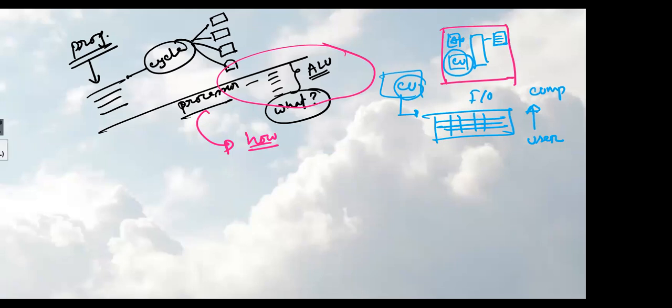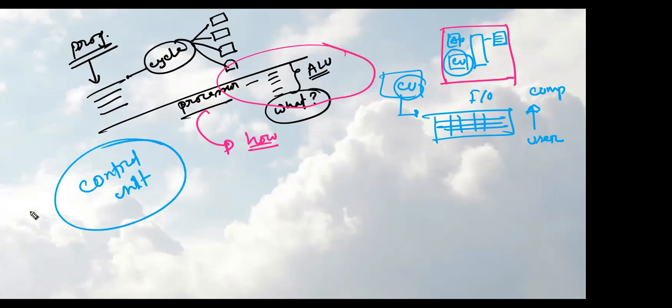So in this chapter we will learn about the control unit. Have we got the motivation? That's why we should know about the control unit itself, because it is a kind of supervisor, controller of the full system.